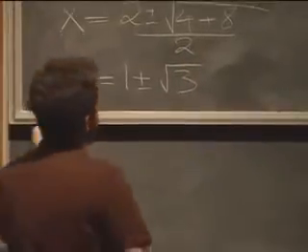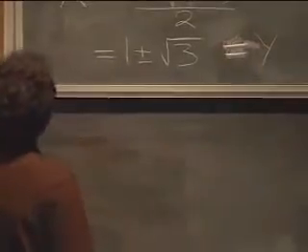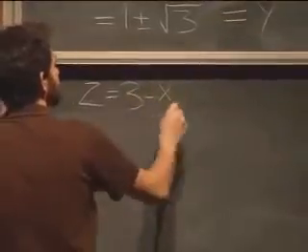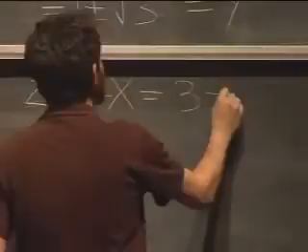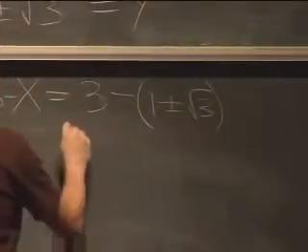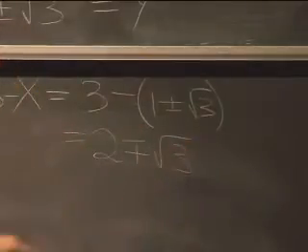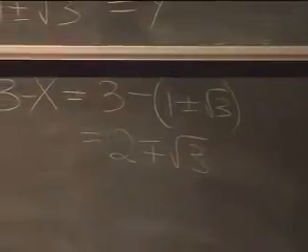This also equals Y, of course, because we know X equals Y. And then Z equals 3 minus X, which is equal to 3 minus (1 plus or minus root 3), which we should probably write as 2 minus or plus root 3. And the reason I write minus or plus is to correspond with the plus or minus.